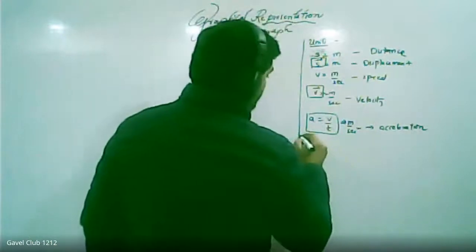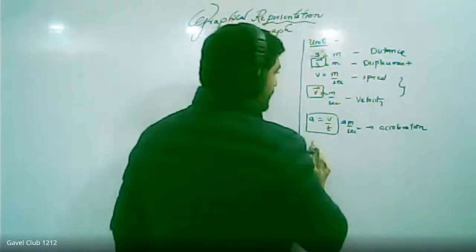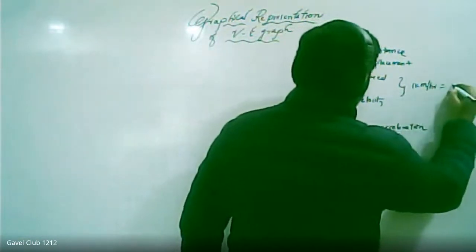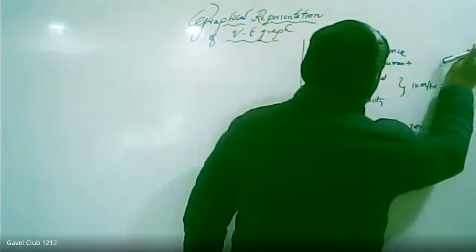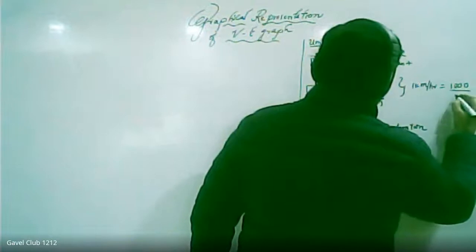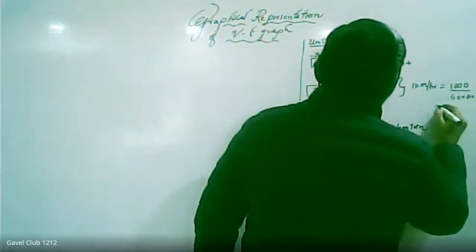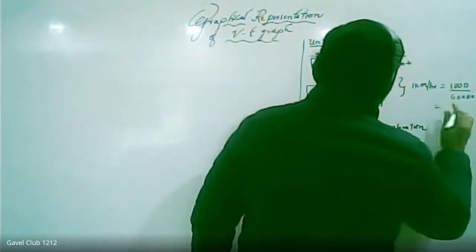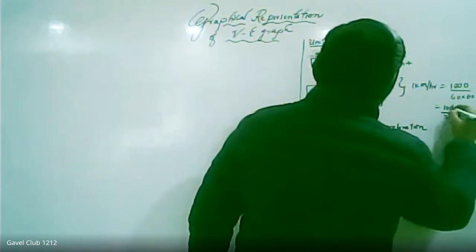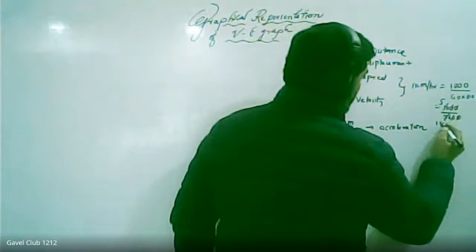Okay, one more conversion we know, that is if you're converting for velocity and speed, there's a conversion also. You should remember this: 1 kilometer per hour. If you're converting into meter per second, we take 1 kilometer equals 1,000 meter, and 1 hour equals 60 into 60, that is 3,600. So we take 1,000 divided by 3,600. The zeros get cancelled, 10 by 36, this is 5, this is 1 and 8.